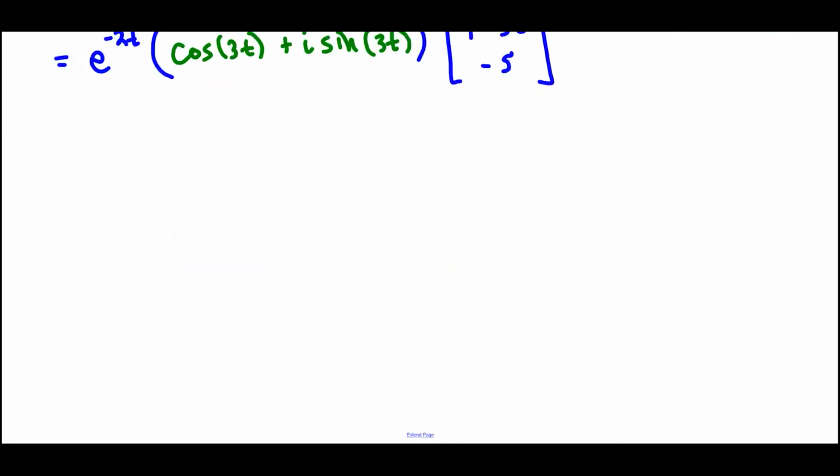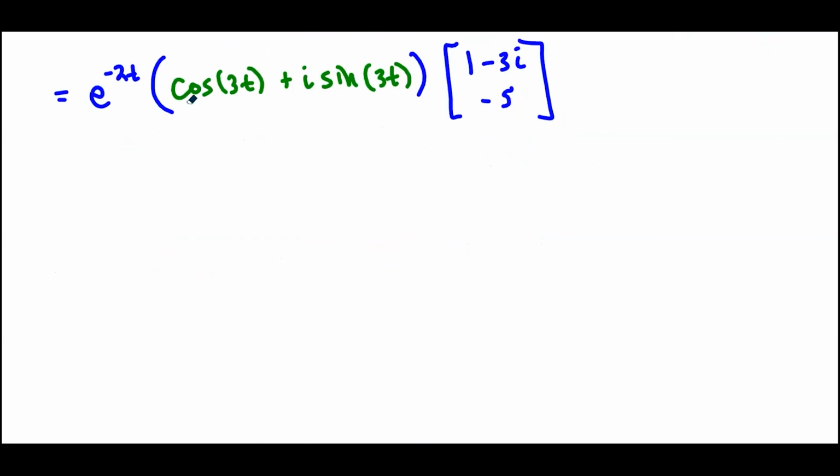And now we need to multiply this cosine 3t plus i sine 3t inside here. I'm going to leave this e out front. I don't really care about that guy. I just need to keep it there out front.